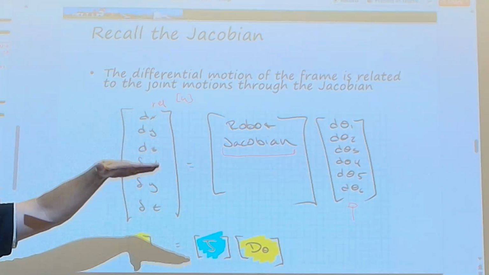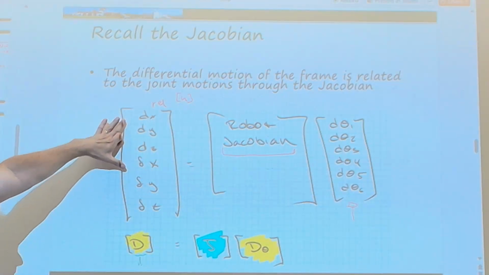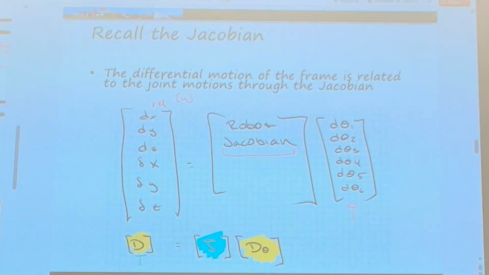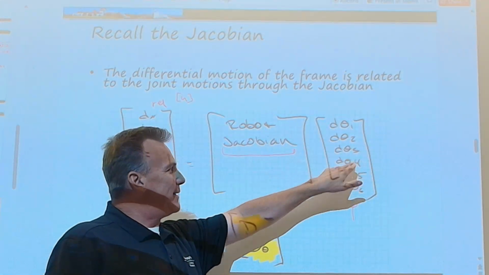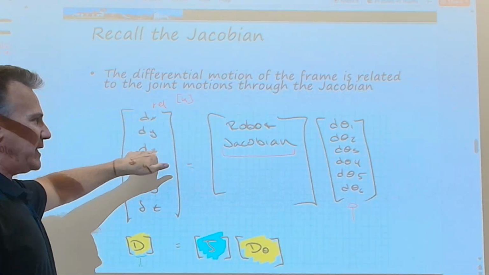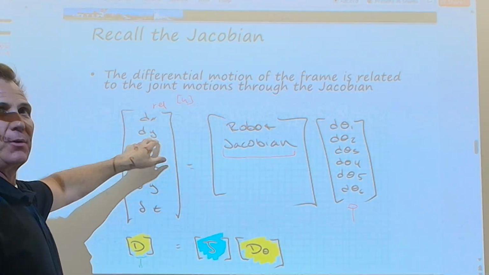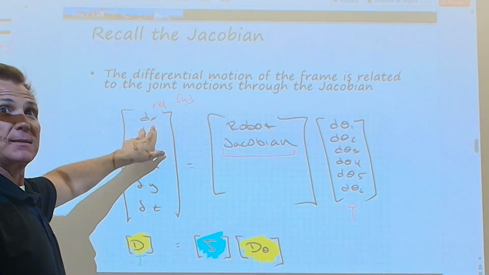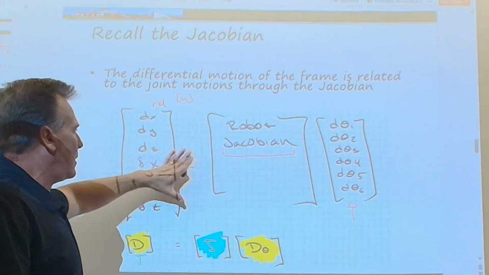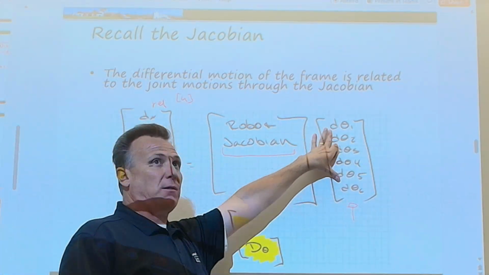To increase and decrease my velocity, I'm going to have an effect over here. But that theta right there is not a 1-to-1 of d3, for example, or dz, or dy, or dx, right? All of these have contributions from all of these.